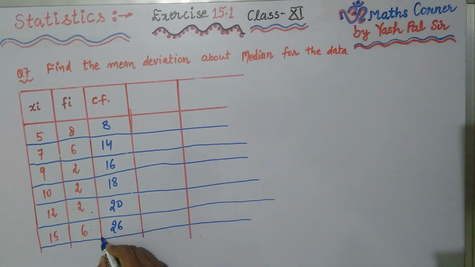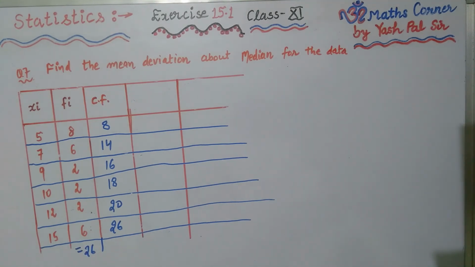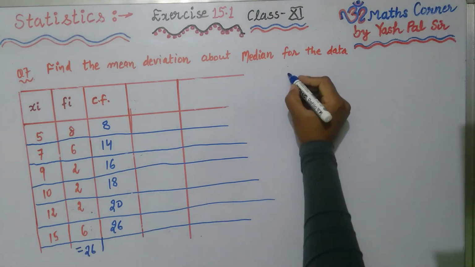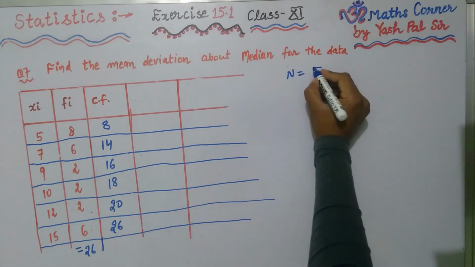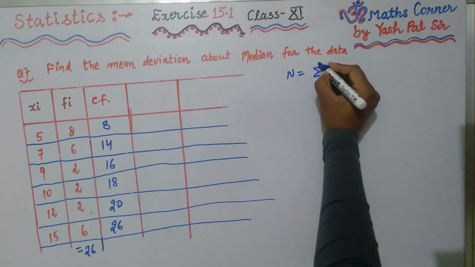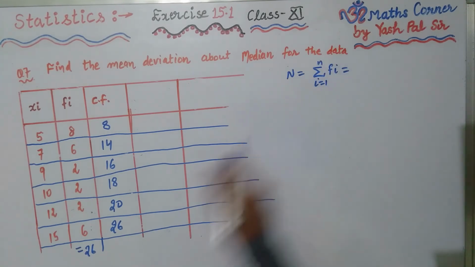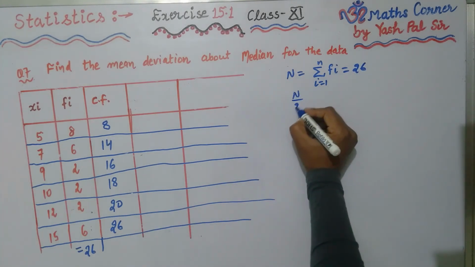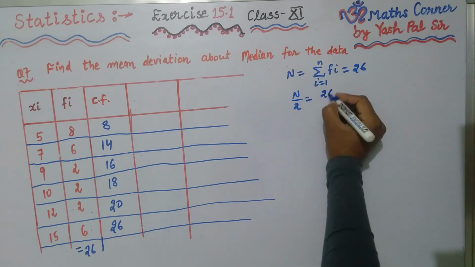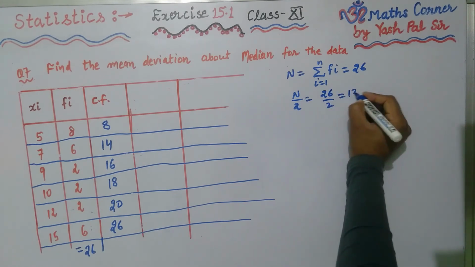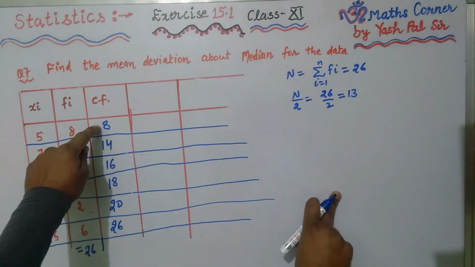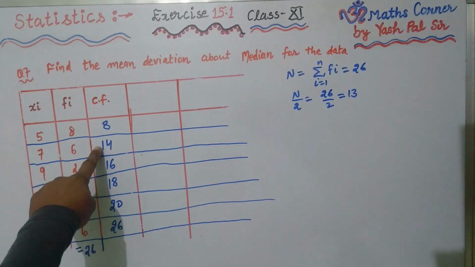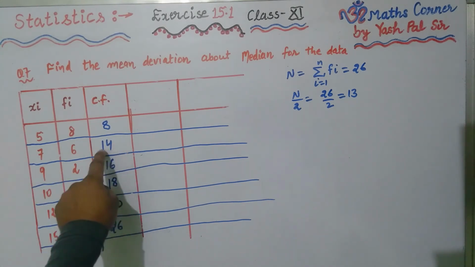Meaning this 26 is the sum of fi, 26. Right? Now what do we do? We find n, meaning summation i equal to 1 to n of fi. What is this? This is 26. Now we find the value of n by 2. n by 2 means 26 by 2, which is equal to 13. Now we find where 13 is. 13 is here, in 14, 13 is involved.